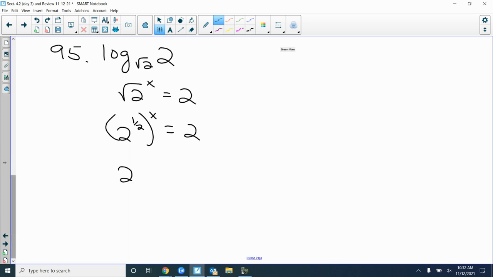So now that's 2 to the 1/2 x equals 2 to the first. So really I've got 1/2 x equals 1, divide by 1/2, or multiply by 2. I end up with x equals 2 for that one. And so that would be the final answer.